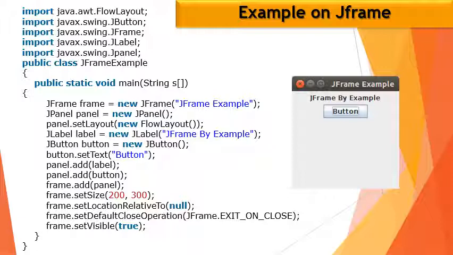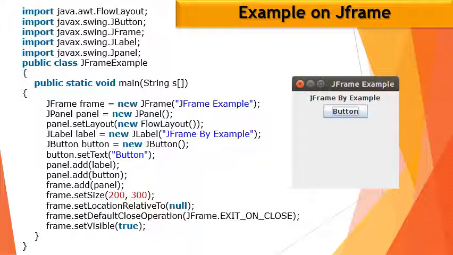We have added the label, we have added the button, we have added the panel on the frame, and we have set the size of this frame, that is 200, 300, and we have set the location relative to null. Wherever you declare the frame, we can directly execute and display that frame.